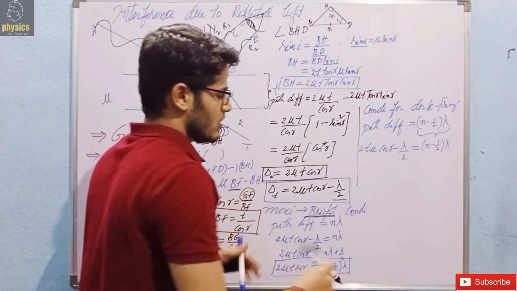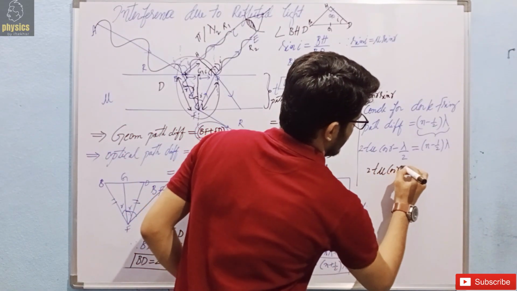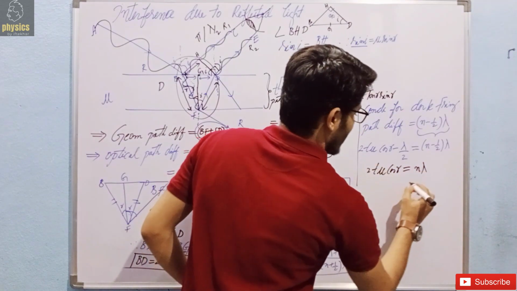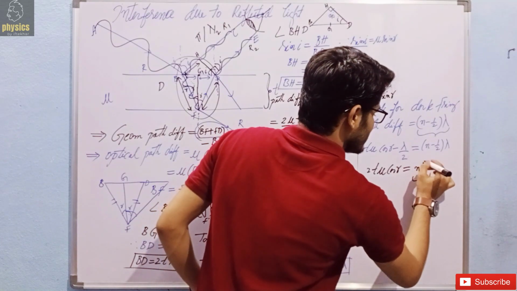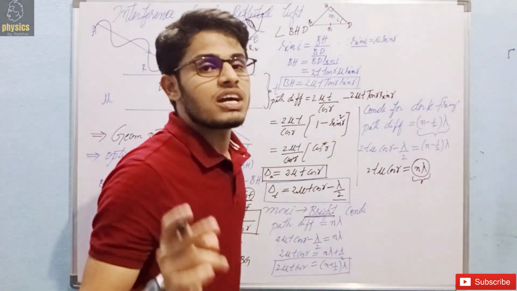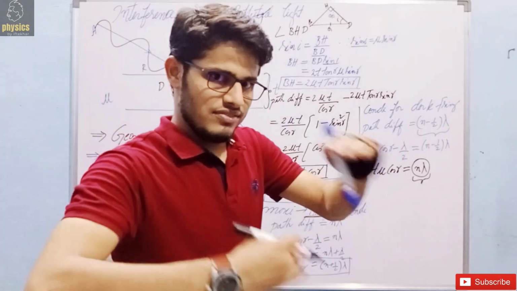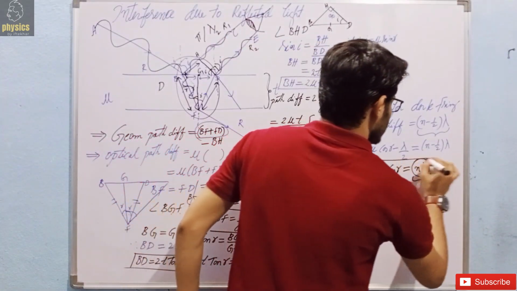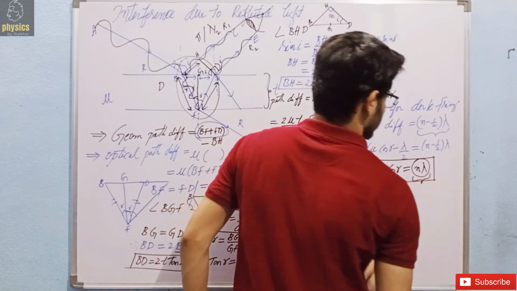What we will get is 2t mu cos r is equal to n lambda. You see, previously we used to get this expression for the path difference to have the constructive, the bright fringe, but here the condition got flipped, as I told you earlier. So this is the path difference to have a dark fringe.